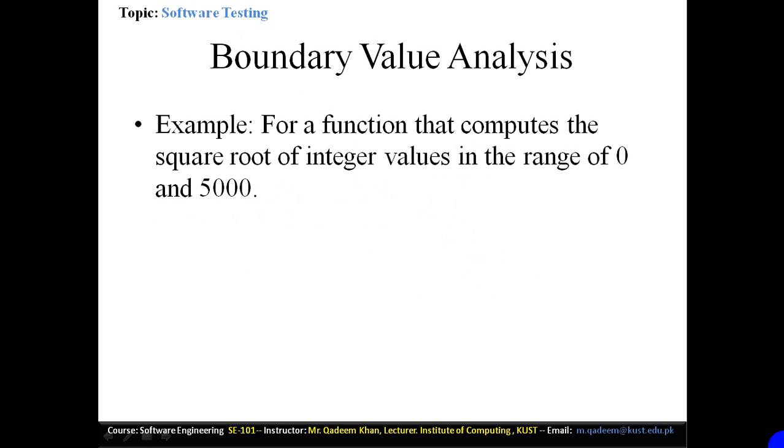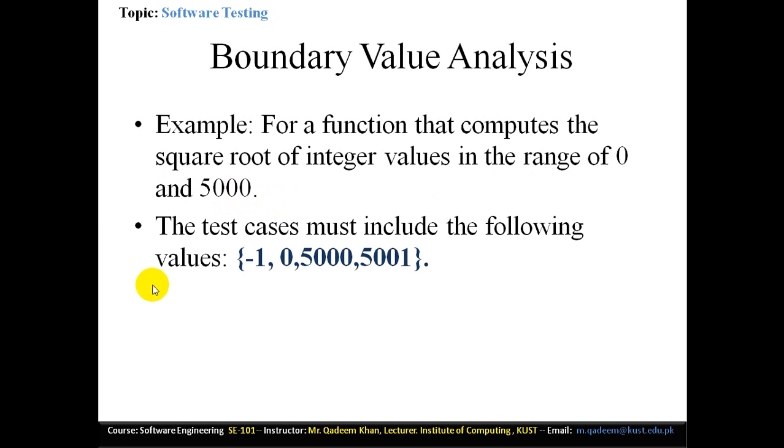Let us take the same example, where we want to compute the square roots of integers in the range of 0 to 5000. The equivalence class partition test was, for example, -5, 500, 6000, so there were only three values. But boundary analysis says it should actually use the boundary values. For example, 0 and 5000 are the boundary values, with one value less than the boundary and another value greater than the boundary.